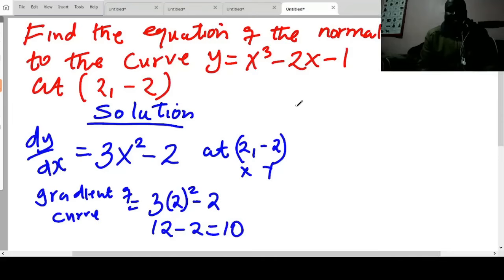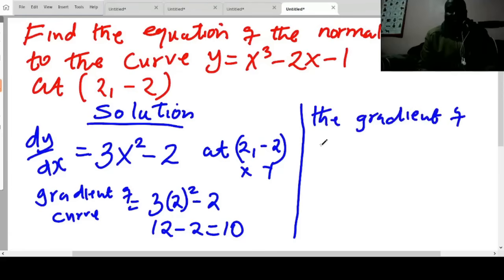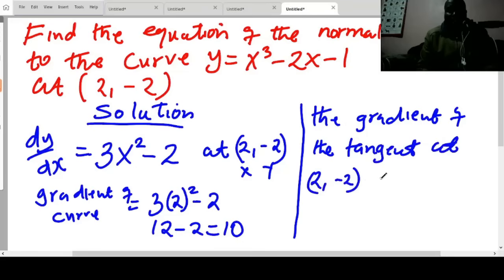So the gradient of the curve is 10. But that gradient is the same as the gradient of the tangent. So the gradient of the tangent at 2, negative 2 is equal to 10.